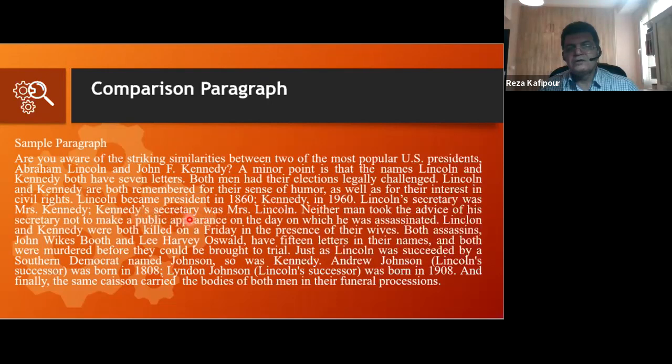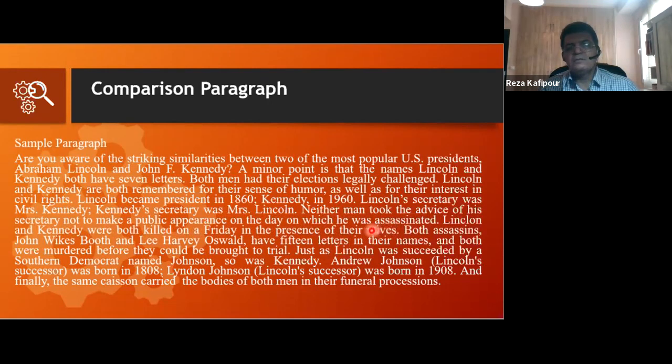Again, we use punctuation to compare Kennedy's secretary and, let's say, Lincoln's secretary. The next major supporting sentence: neither man took the advice of his secretary not to make a public appearance on the day on which he was assassinated.